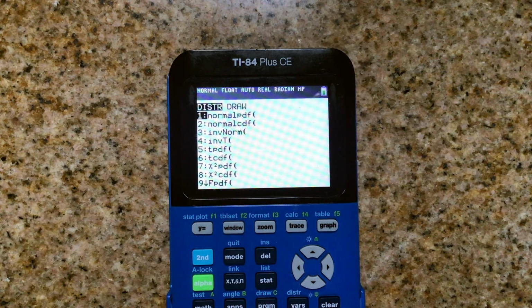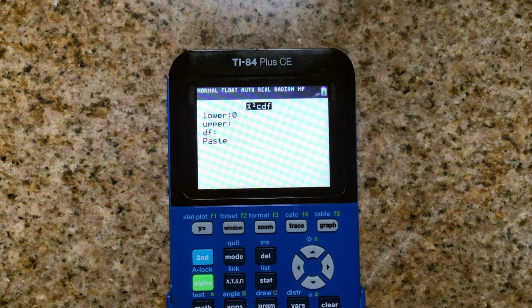distribution or the vars button, and you can see that number 7 PDF we never want. We want CDF. We want the cumulative distribution. We want that full probability, and it asks for first lower tail. Lower tail is always going to be your chi-squared value, which in this case was 5.5377. The upper, we want to go into infinity.